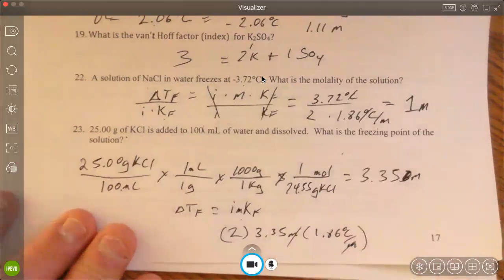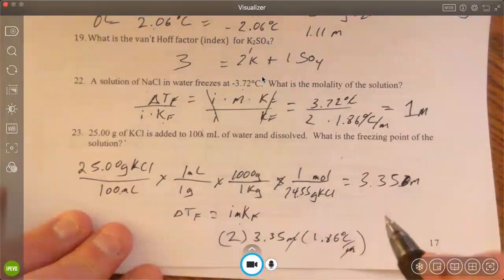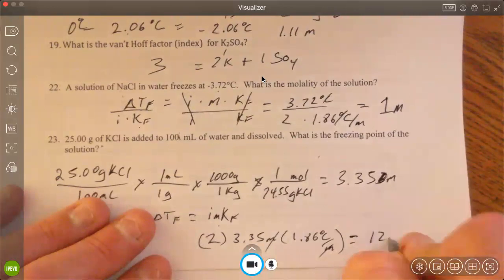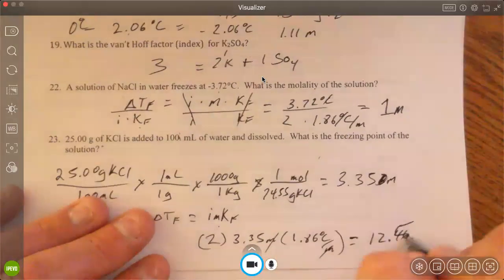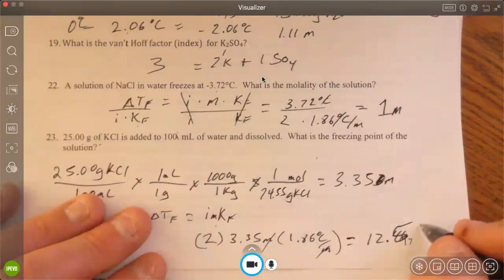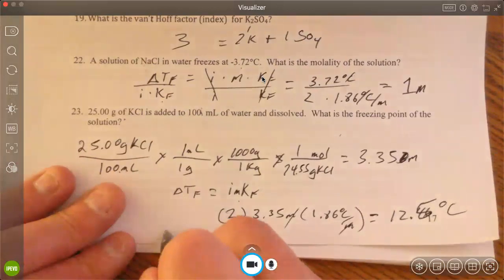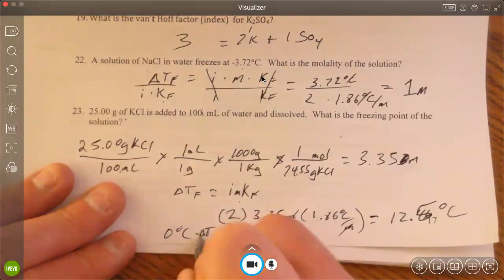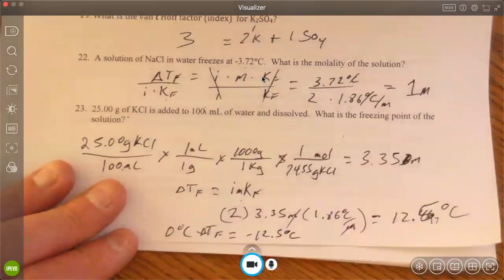Molality cancels out. 2 times 3.35 times 1.86. It's 12.462. 12.5 is not our final answer because we need to subtract that from 0. 0 degrees Celsius minus delta T sub F equals negative 12.5 degrees Celsius.